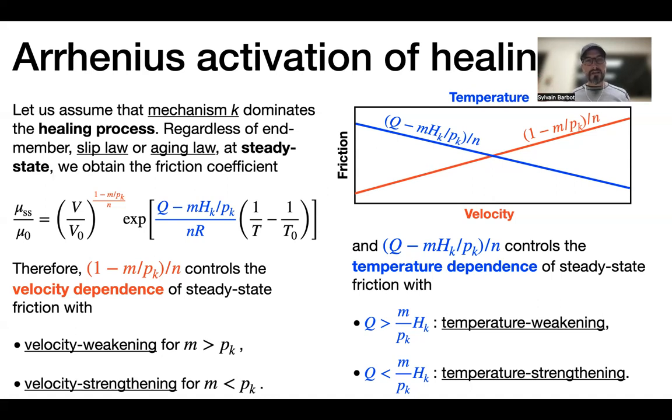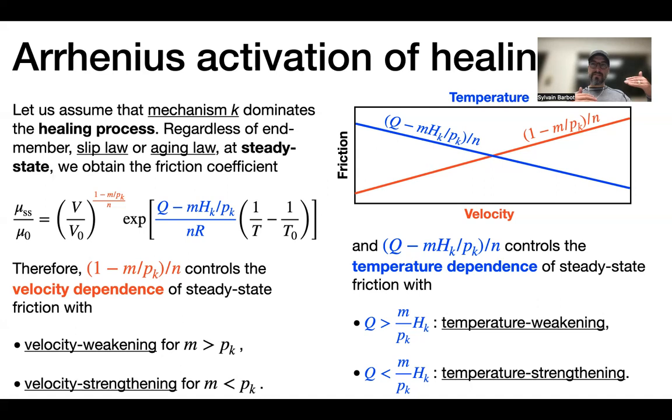And these powers for velocity and temperature control whether the system would be velocity weakening, velocity neutral, or velocity strengthening at steady state, or whether it will be temperature hardening, temperature neutral, or temperature weakening at steady state.